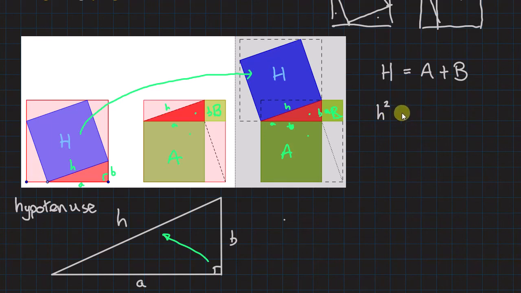I've got the square A. How do I calculate the area of A? Well, A is a squared. And I've got the little square B. How do I calculate the area of the square B? That's b squared. That has given you one of the world's most famous formulae.